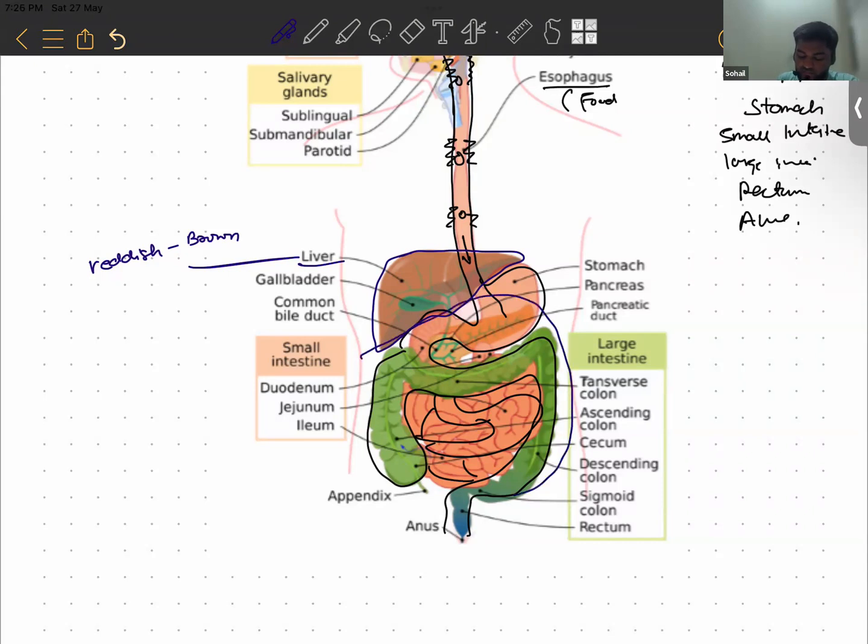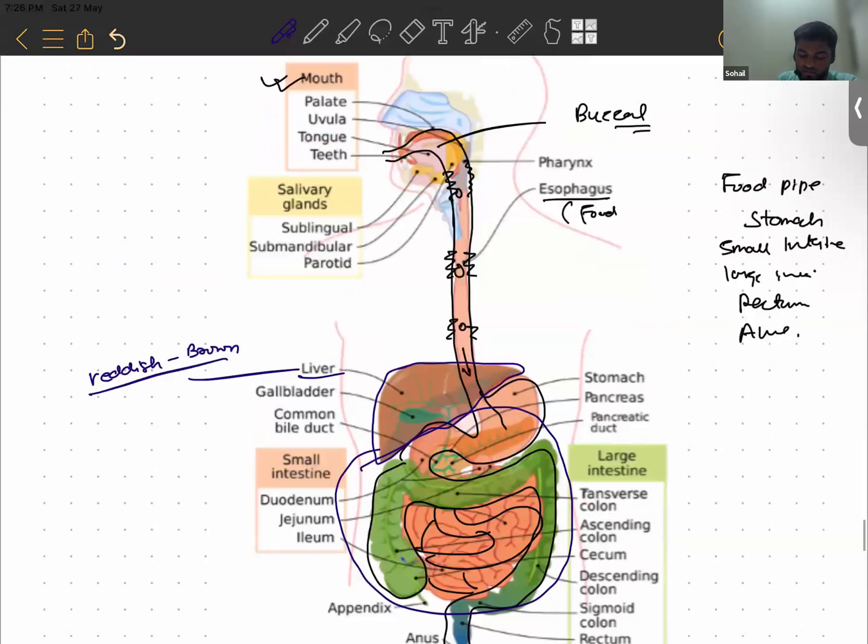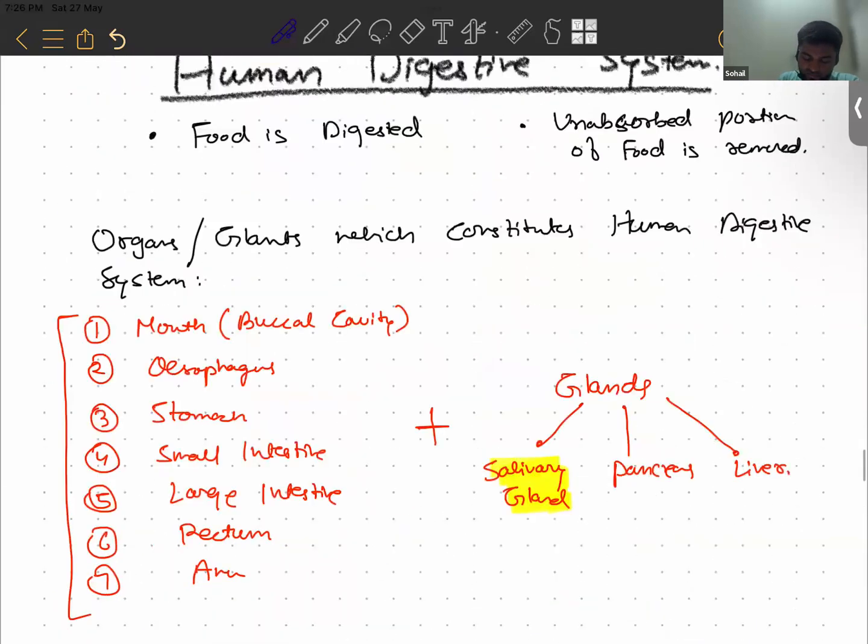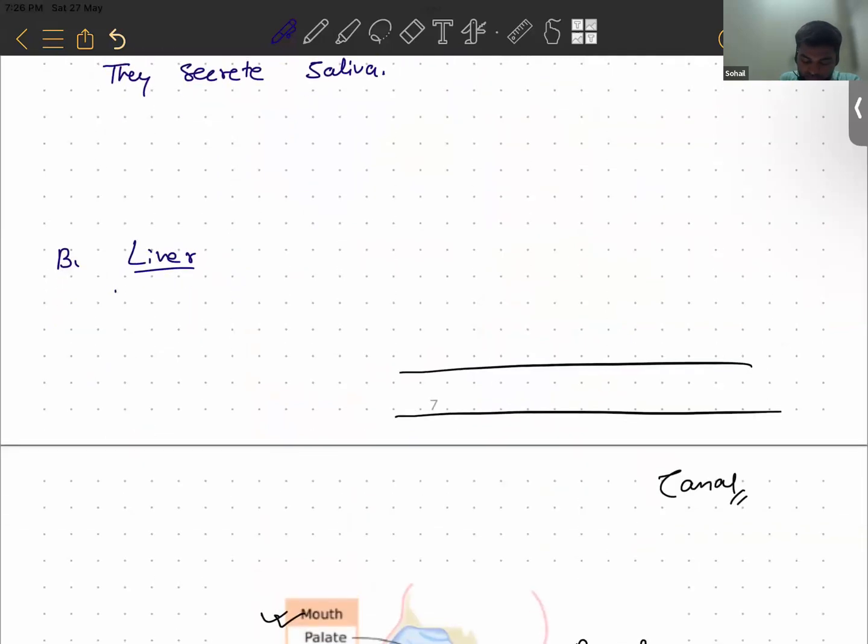The stomach along with the intestines is called the abdomen. So we say the liver is located above the abdomen, on the right side.